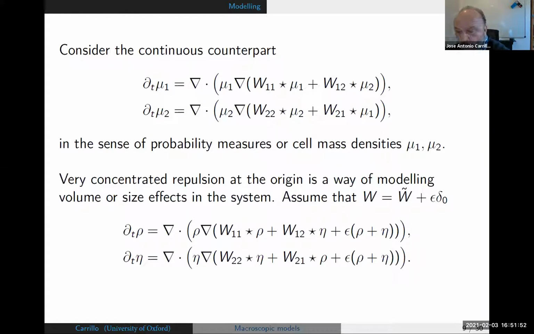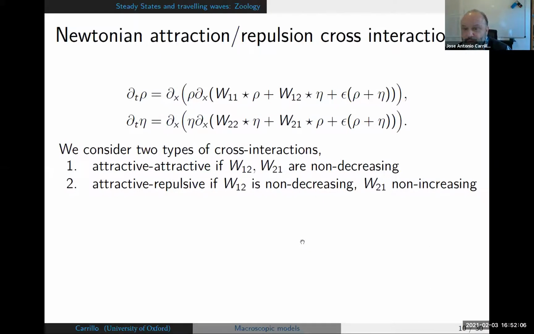And now let me look at it from the point of view of an applied mathematician. So I'm going to try to understand what is the most interesting phenomena I can get out of these systems. So let's start with the one-dimensional case, and let's see what we learn in the one-dimensional case in terms of, for instance, stationary states.